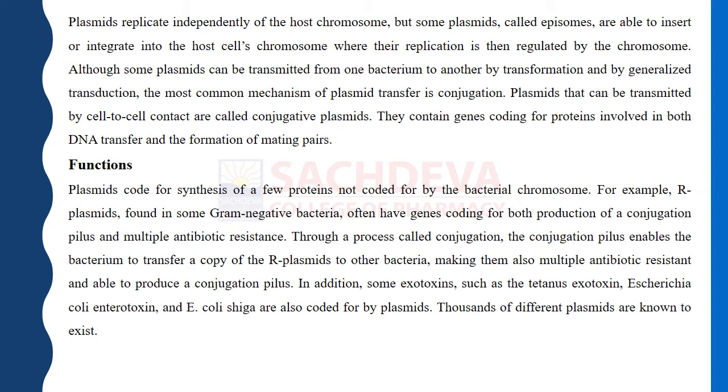The conjugation pilus enables the bacterium to transfer a copy of the R plasmid to other bacteria, making them also multiple antibiotic resistant and able to produce a conjugation pilus. In addition, some exotoxins such as the tetanus exotoxin, Escherichia coli enterotoxin, and E. coli Shiga toxin are also coded by plasmids. Thousands of different plasmids are known to exist.